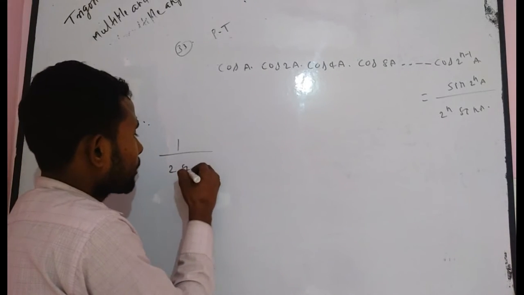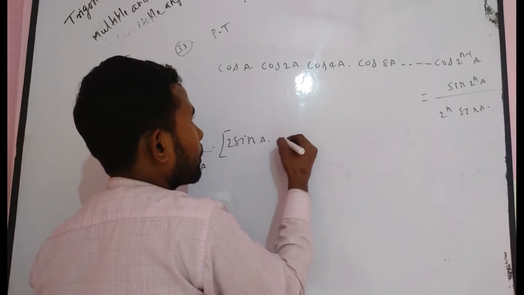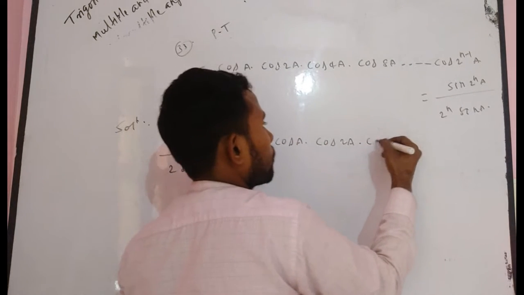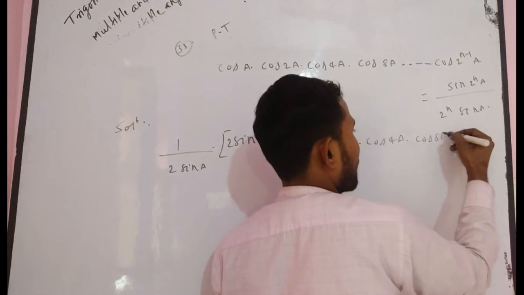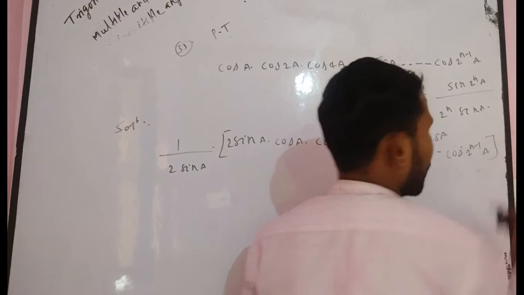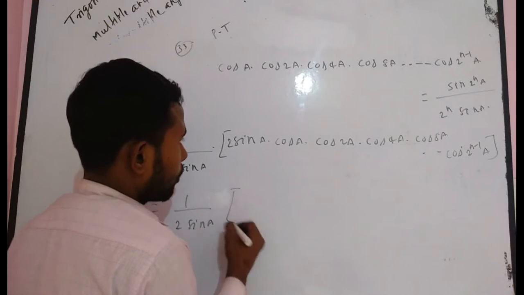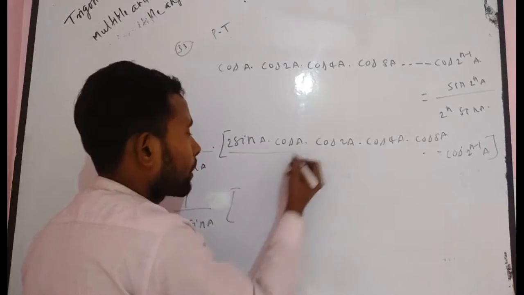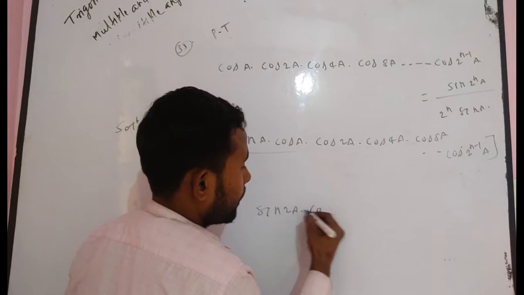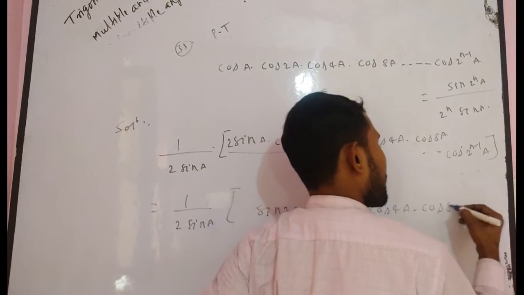Can you write 1 by 2 sin A into 2 sin A into cos A into cos 2A into cos 4A into cos 8A dot cos 2 to the power n minus 1 into A. Now it becomes 2 sin A into cos A. What will be the formula? It's sin 2A into cos 2A into cos 4A into cos 8A dot.